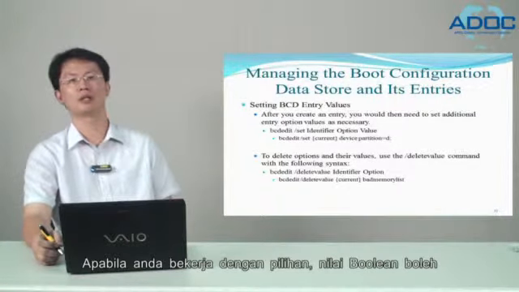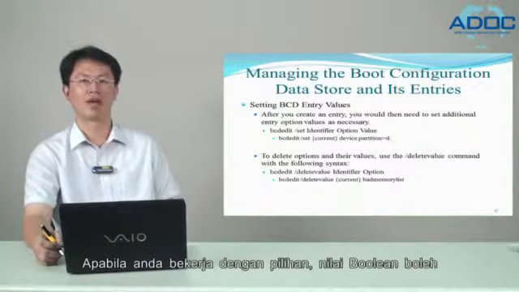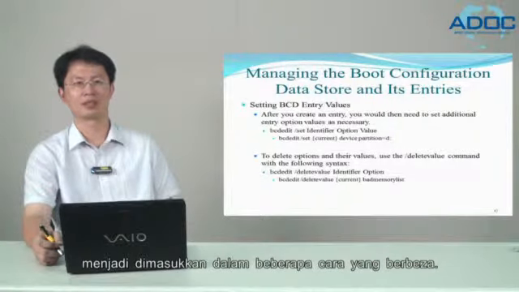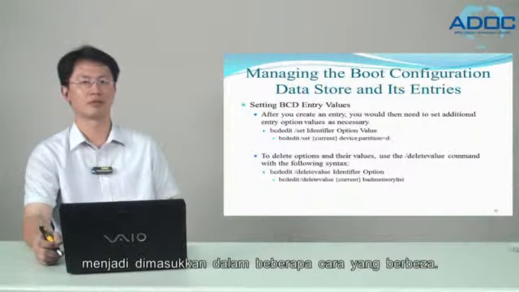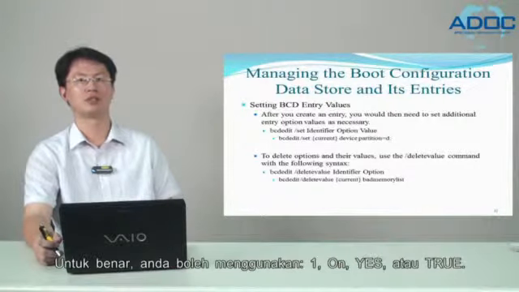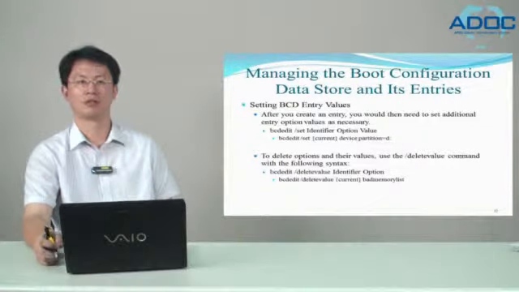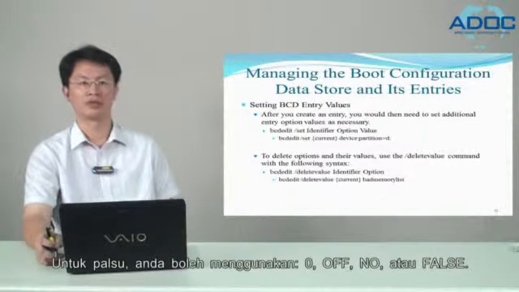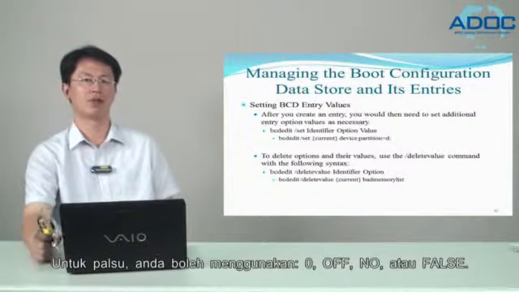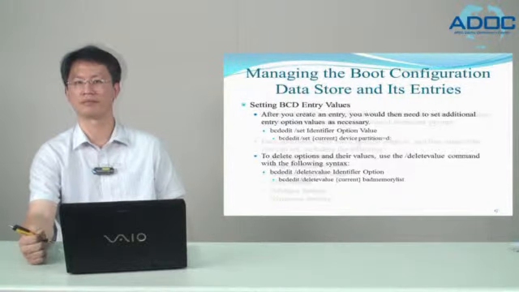When you are working with options, Boolean values can be entered in several different ways. For true, you can use 1, on, yes, or true. For false, you can use 0, off, no, or false.